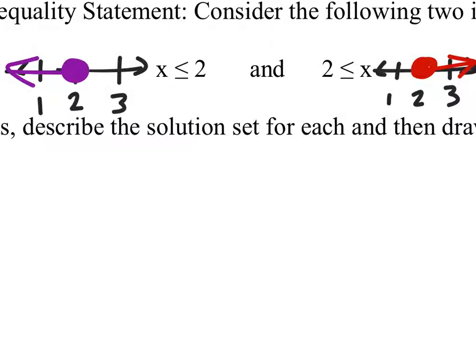Let's go ahead and put that down right here. x is 2 or less. And then we also have the red one, which also was equal to the x. So x is 2 or more. There we go.